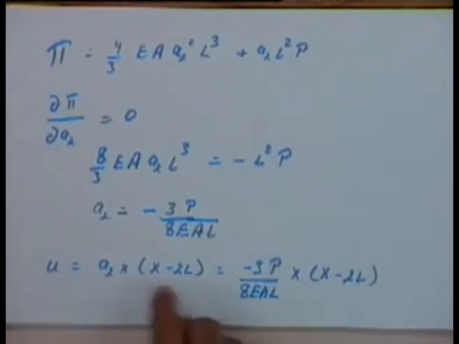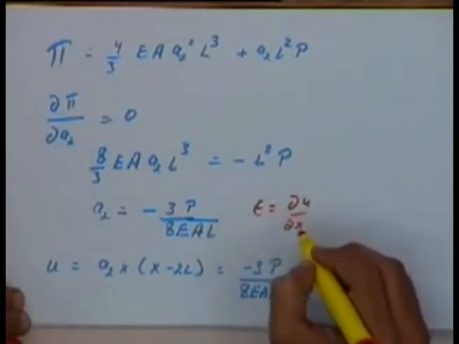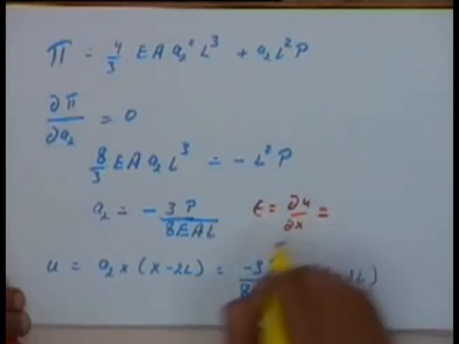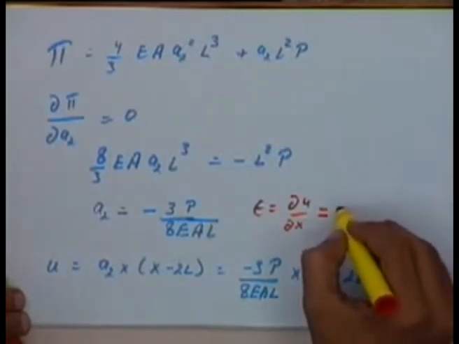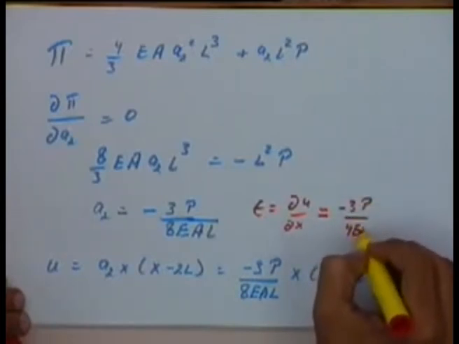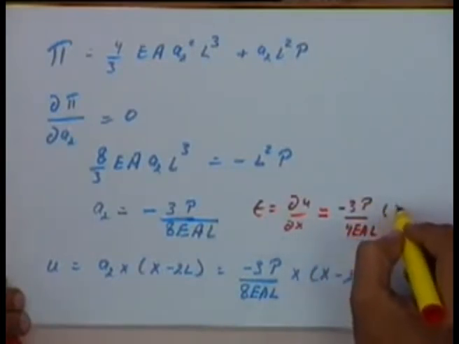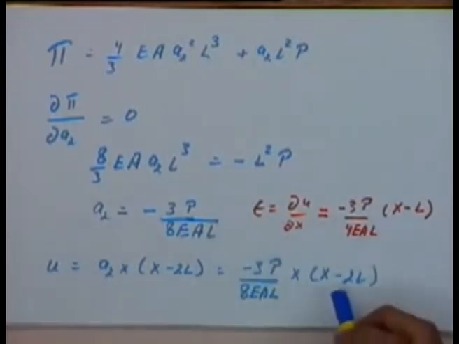And similarly, if we find epsilon, which is equal to del u by del x, that will be 2 A2 into x minus L, which becomes minus 3P by 4 EAL into x minus L. So we have an expression for epsilon as well as an expression for u.